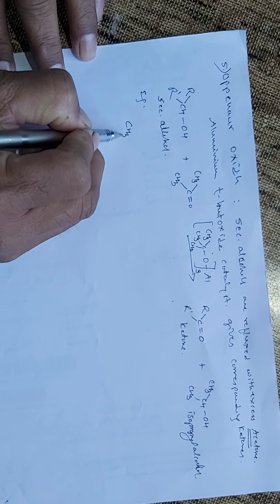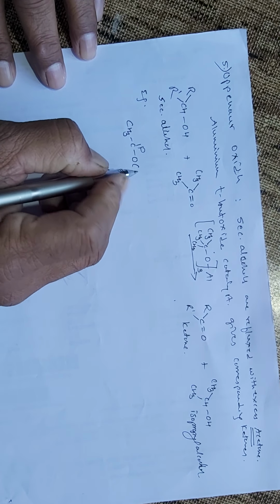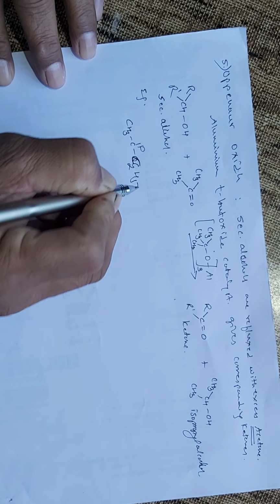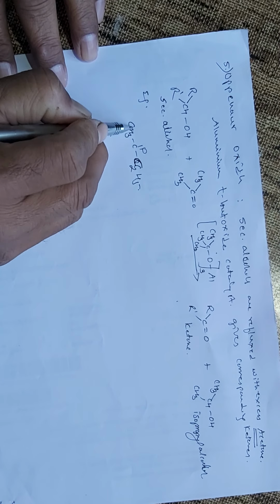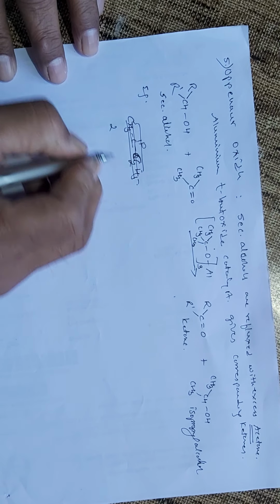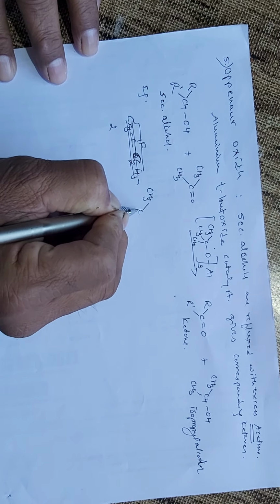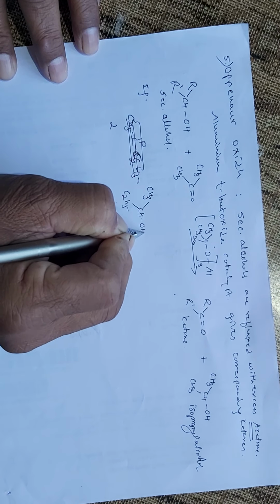Suppose here CH3, C2H5. Extremely sorry, here we are supposed to take the alcohol as the reactant. So CH3, C2H5, CHOH.